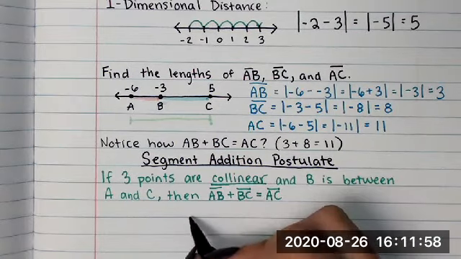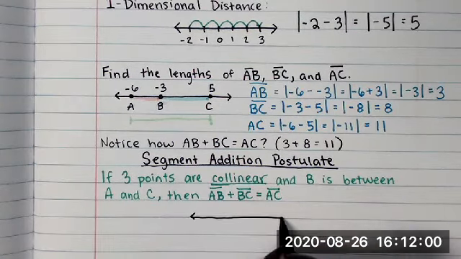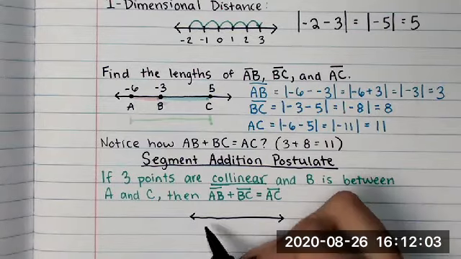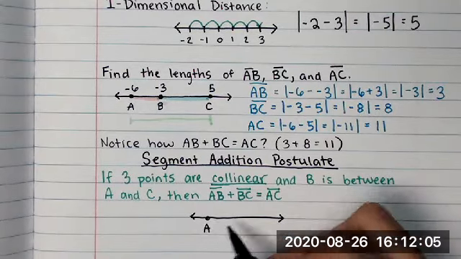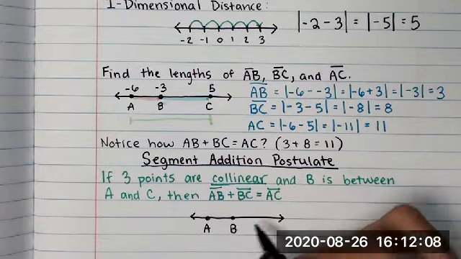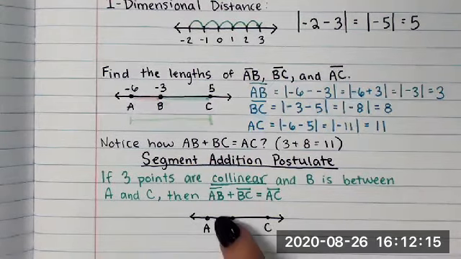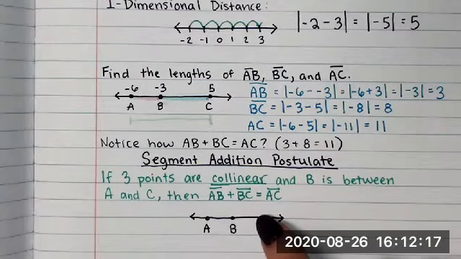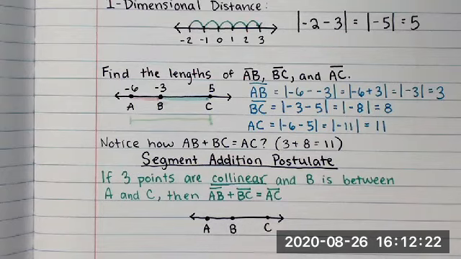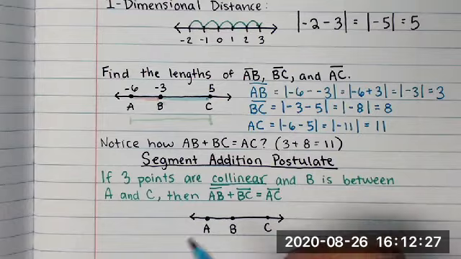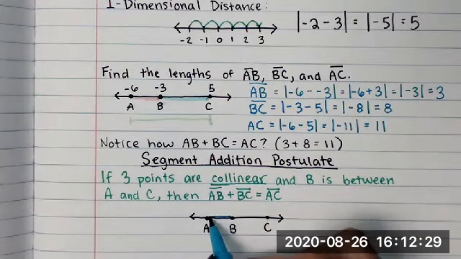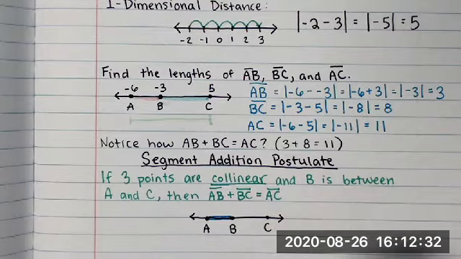And we'll put a little illustration to this because I always like to have a visual for all of the things that I do. So here we have A, B, and C. It doesn't matter where B is in between A and C. B could be all the way over here, could be all the way over here, could be perfectly in the middle. As long as it's somewhere in between those 2 points, the segment addition postulate works. So I'm going to color from A to B in blue.